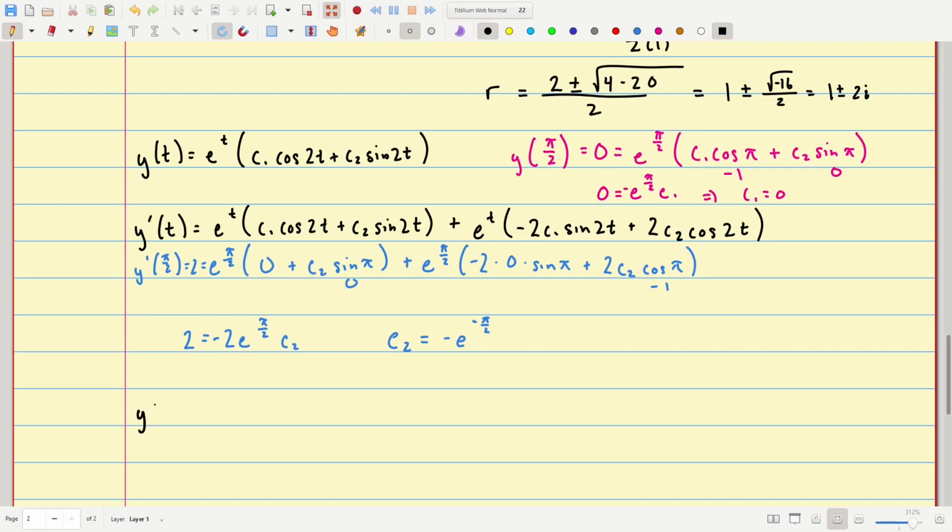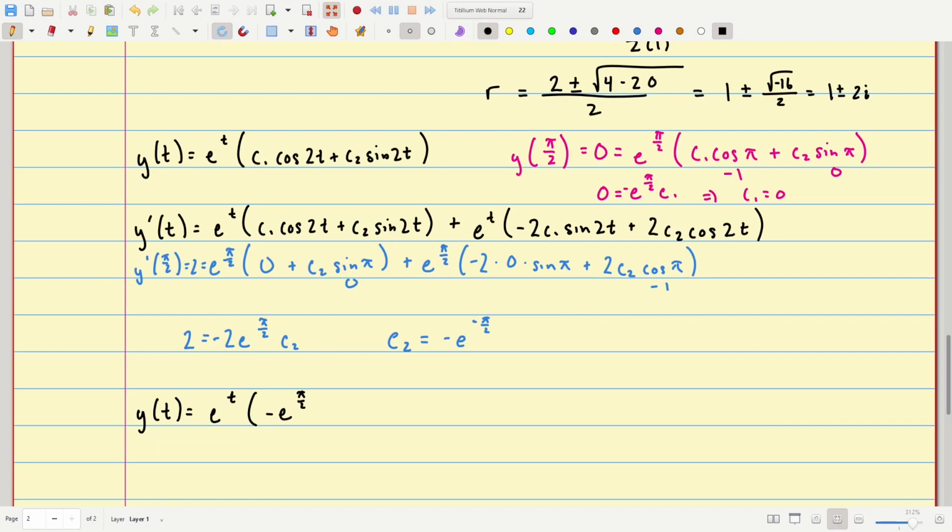So our solution to the initial value problem, e to the pi halves times negative e to the pi halves. Sorry. This is e to the t out here. I made a mistake.